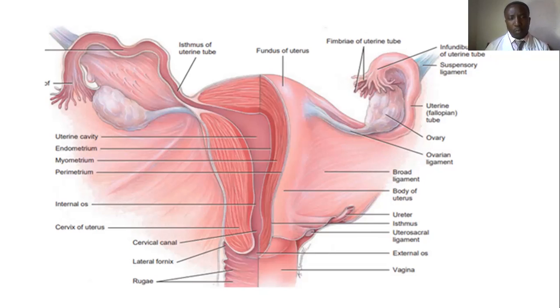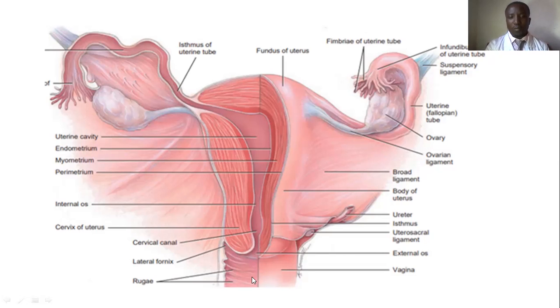So as we proceed, before we look at the definition, let us have a look at the structure of the uterus. Look here broadly. Be keen. This is the anatomy of the uterus with all the labeled parts. This is our uterus. One side, the right side, has been dissected to expose the internal cavity.